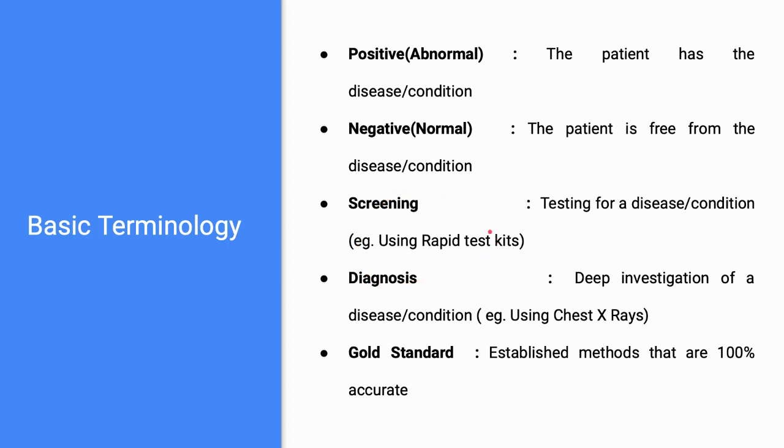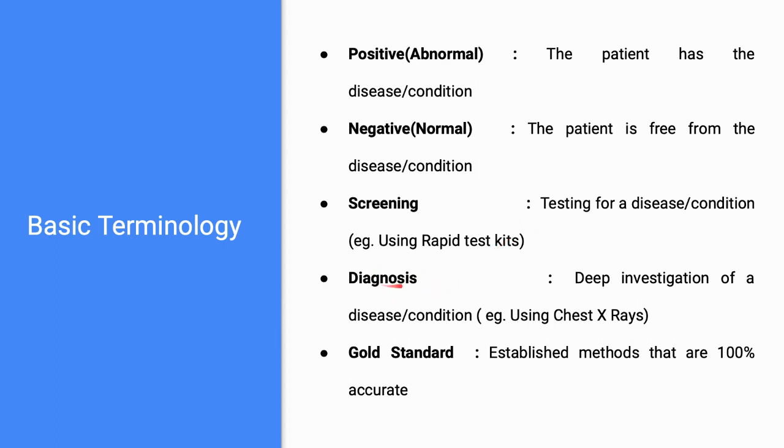The screening phase is usually done at a mass scale, and especially in COVID-19, people are using rapid test kits to test whether the person is suffering from COVID-19 or not.